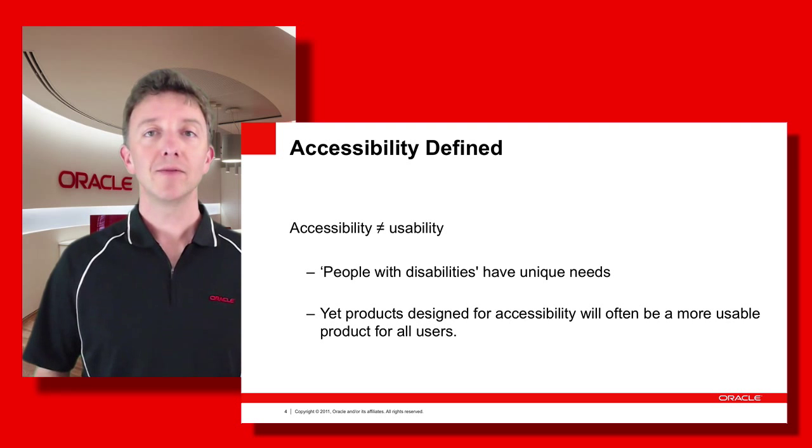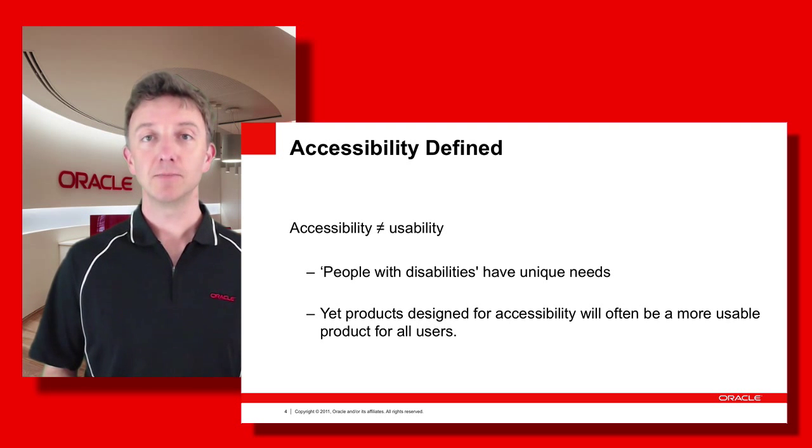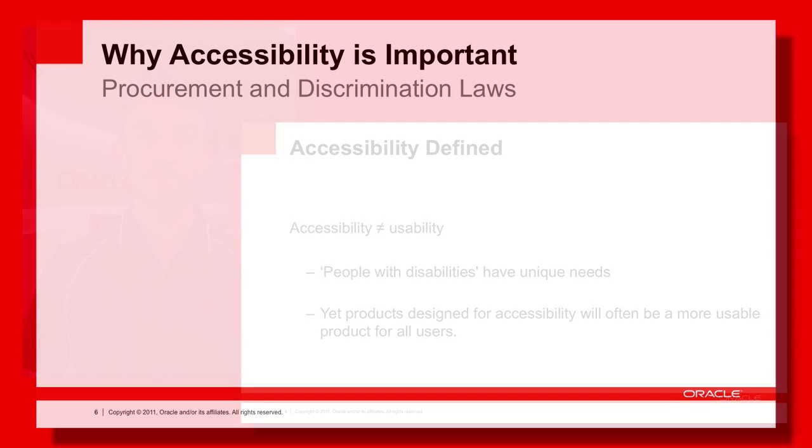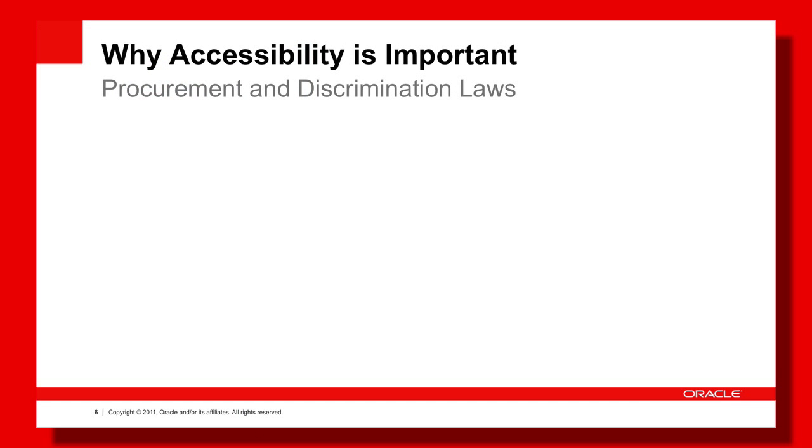Now let's talk about the importance of addressing accessibility in your application design. One of the first things to understand is that in terms of the country that you live in, most countries in the world actually have legislation that says that you need to make your applications accessible to people with disabilities.